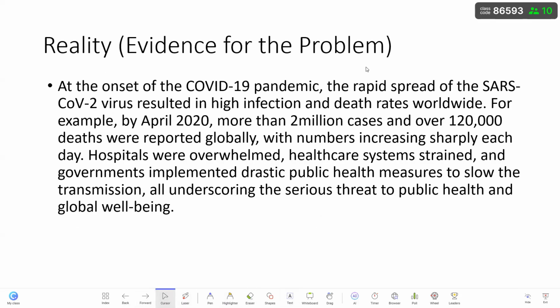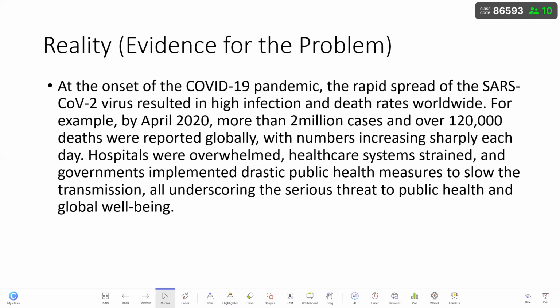Reality, right? Take COVID-19, for example. Can you please go through this paragraph? At the onset of the COVID-19 pandemic, the rapid spread of the SARS-CoV-2 virus resulted in high infection and death rates worldwide. For example, by April 22, more than 2 million cases and over 120 deaths were reported globally.